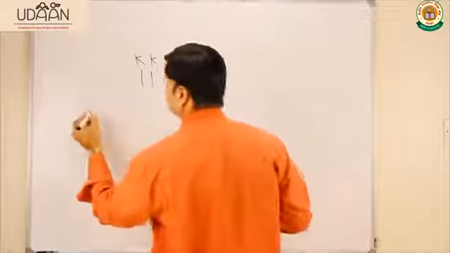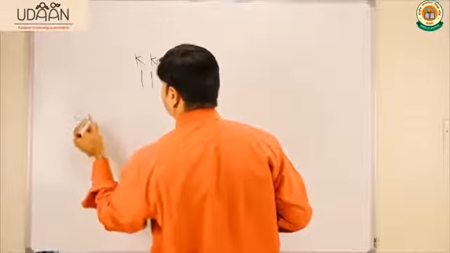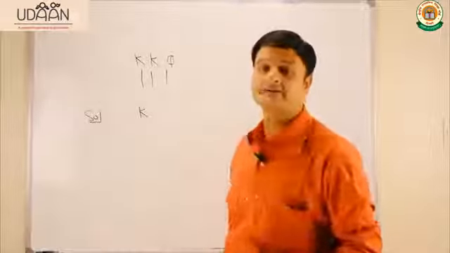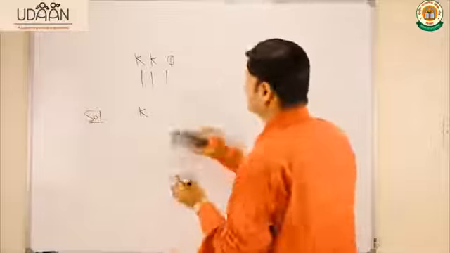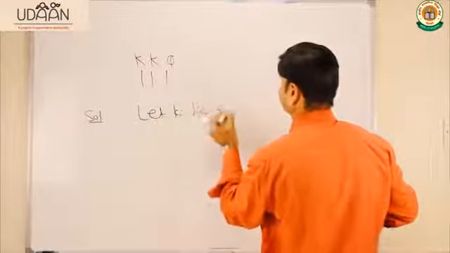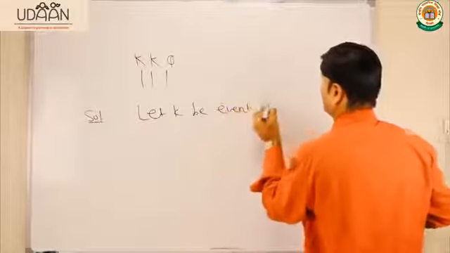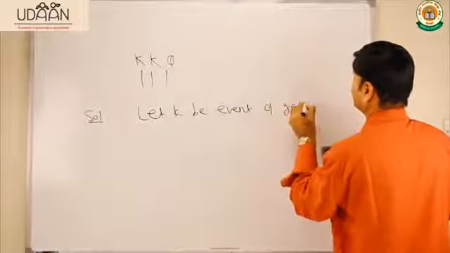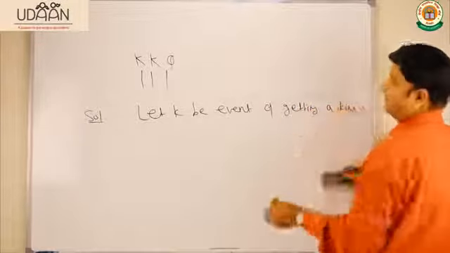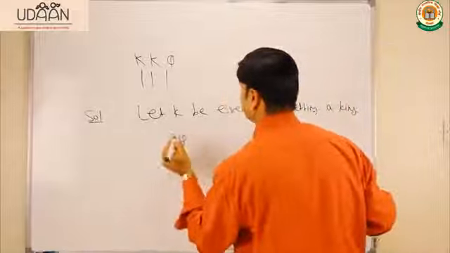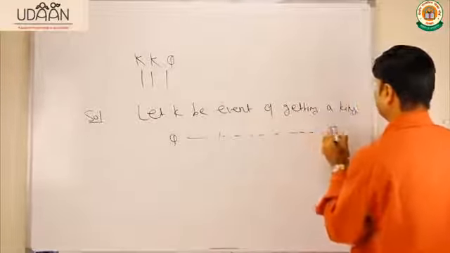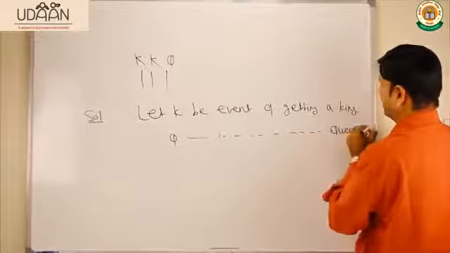So how to solve? Here in the solution I am assuming, let K be the event of getting a king from the pack of cards, and similarly let Q be the event of getting a queen from the pack of cards.